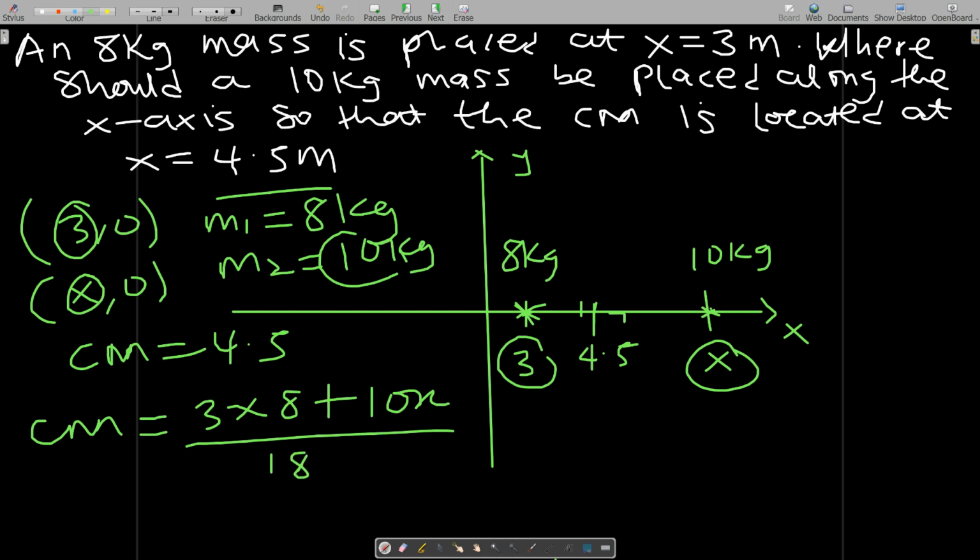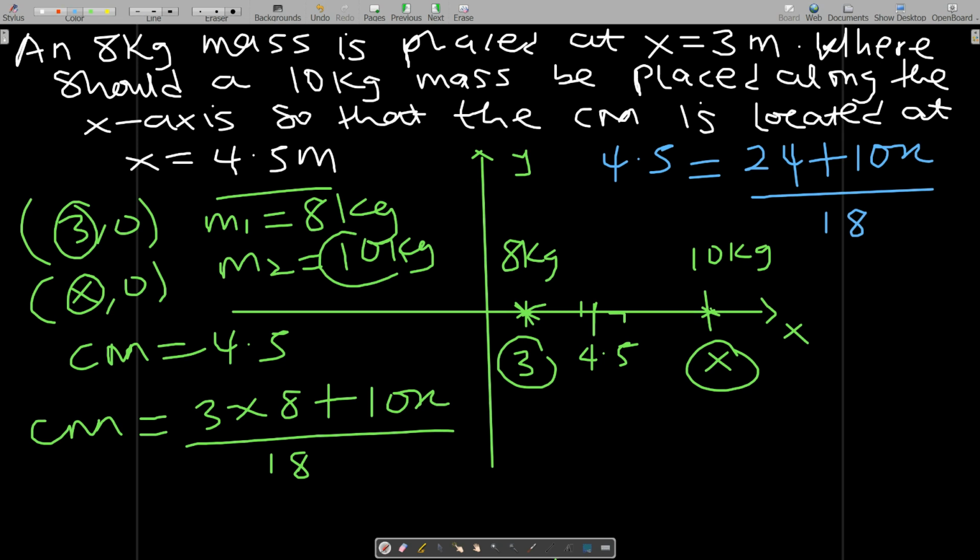That will be the formula for the center of mass. Okay, but the center of mass is given, so all that we can do is write the center of mass, which is 4.5, to be equal to, now 3 times 8 is 24, okay, then plus 10x all over 18.